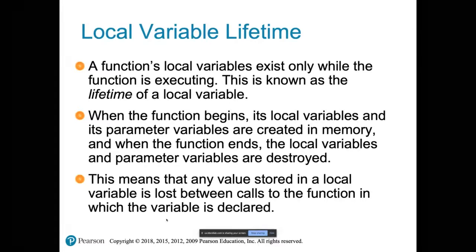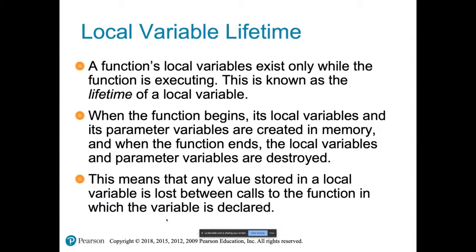That memory gets reclaimed. That variable is no longer in memory. When the function begins, its local variables and its parameters are created in memory. And when the function ends, the local variables and parameters are destroyed. This means that any value stored in a local variable is lost between calls of the function.